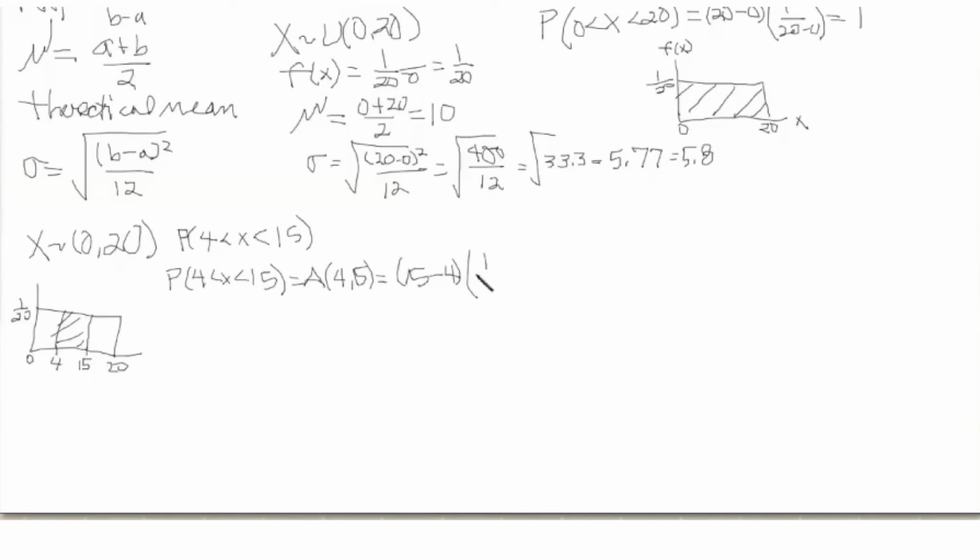So my height is still going to be the 1 over 20. So that's going to give me 11 over 20, which equals 0.55. So that tells me that the probability of X being between 4 and 15 is going to be 0.55, which is the same as 55%.